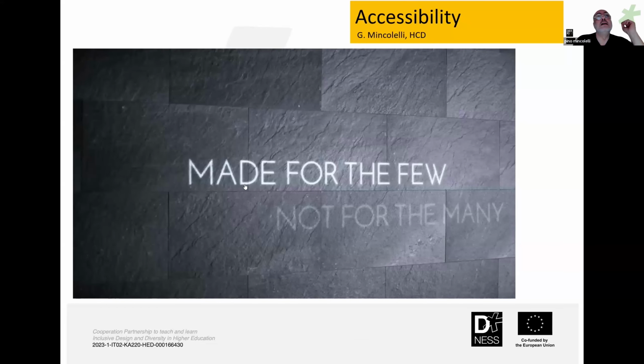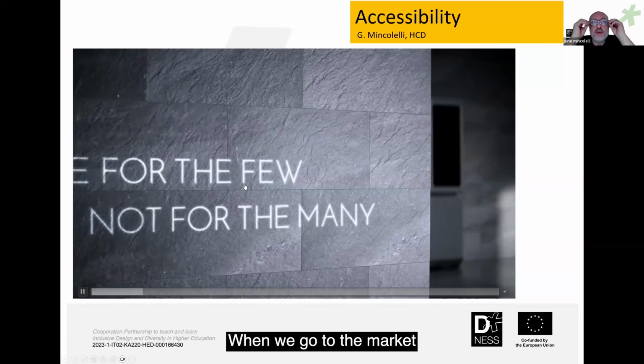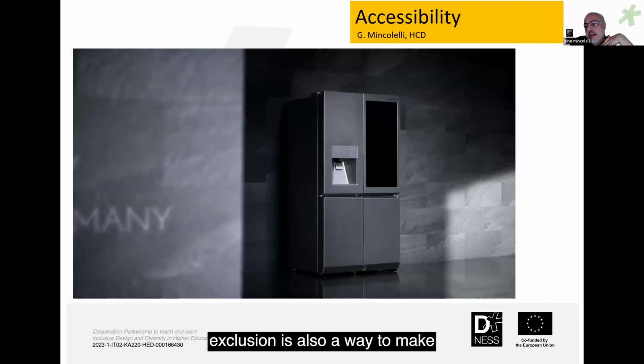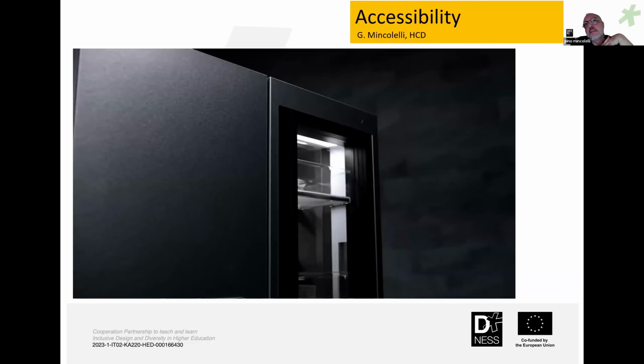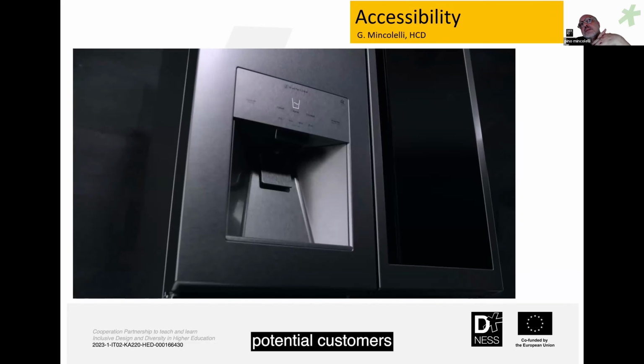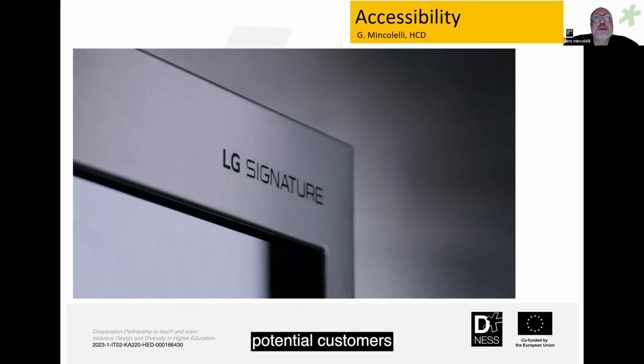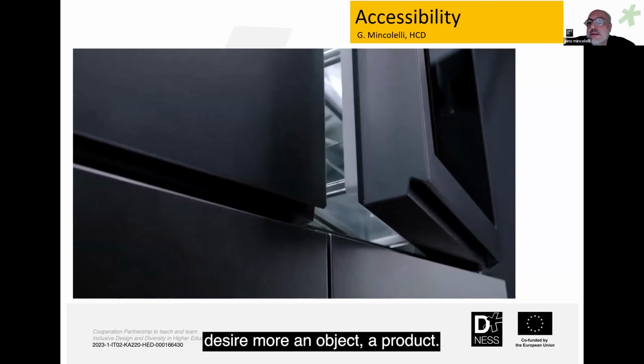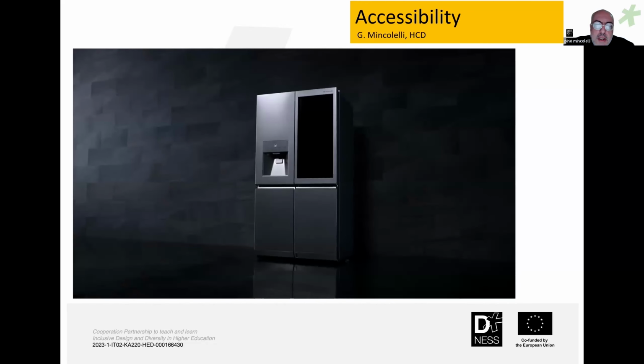When we go to the market, exclusion is also a way to make potential customers desire an object, a product more.